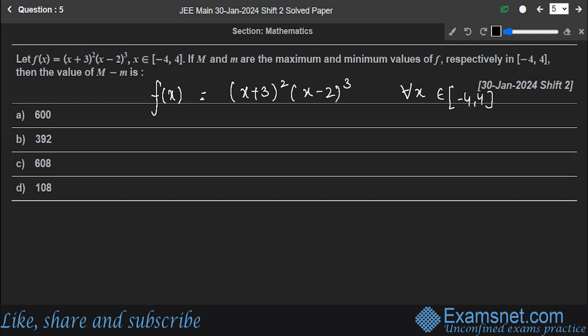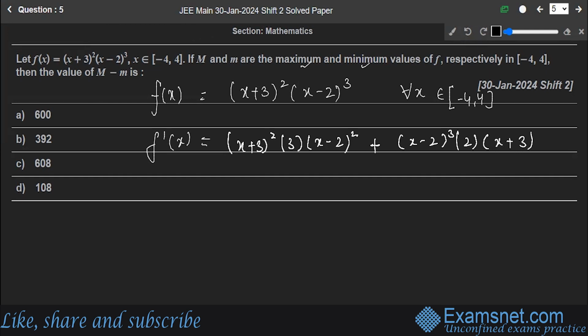So let's find out the derivative because we are concerned about the maximum and the minimum values of f(x). So f dash x will be given by, let's write first function into derivative of second plus second function into derivative of first. So this is going to be 3. I'll take some things common, (x plus 3)(x minus 2) whole square common.